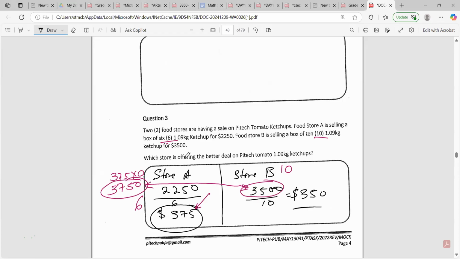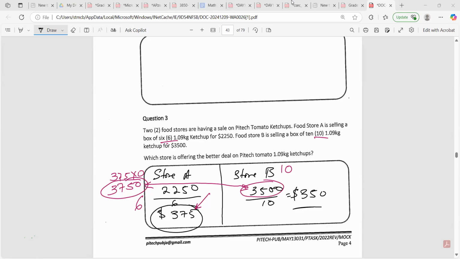Did you check the longer route? What did you do to compare? We're comparing both of them to see which has the better deal. I did the same thing for store A and it was 45,000.